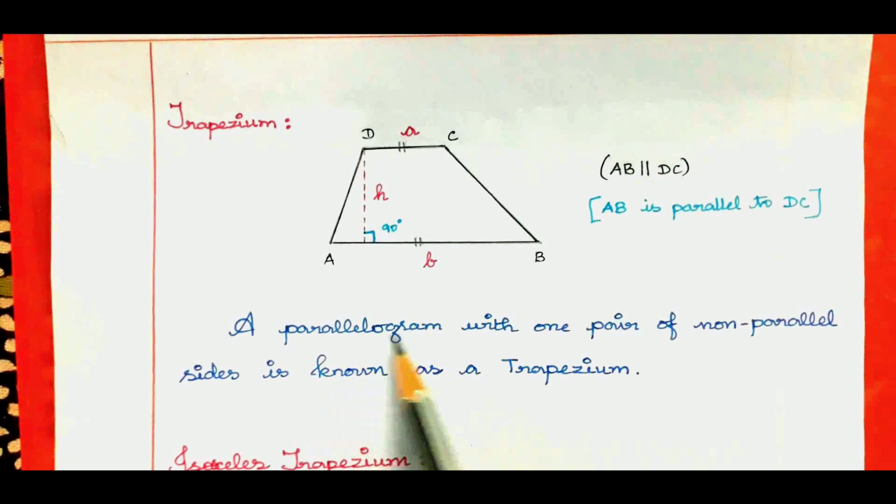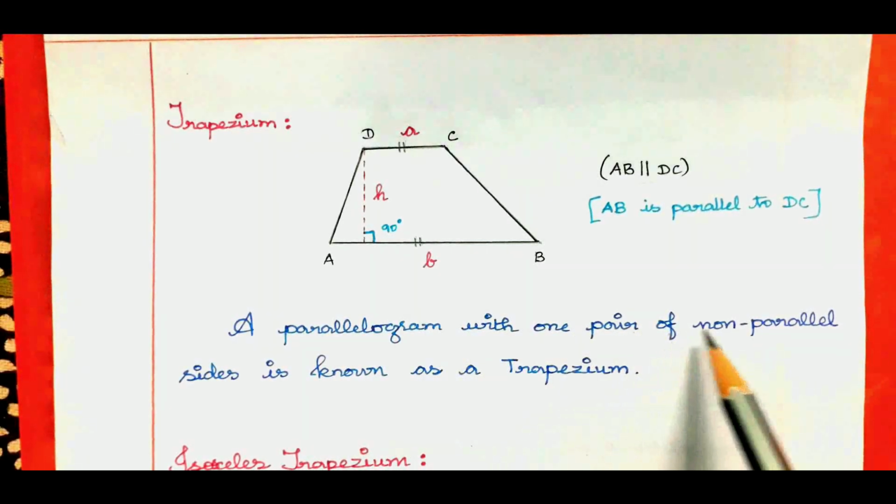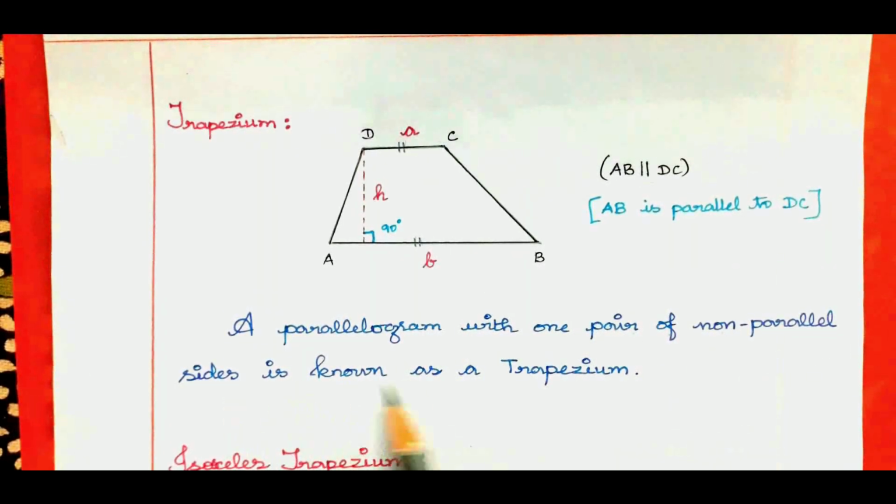A parallelogram with one pair of non-parallel sides is known as a trapezium. You know what a parallelogram is: opposite sides are parallel and equal.